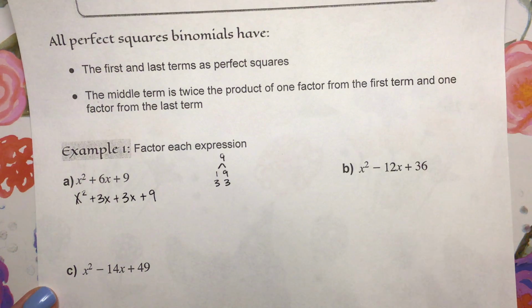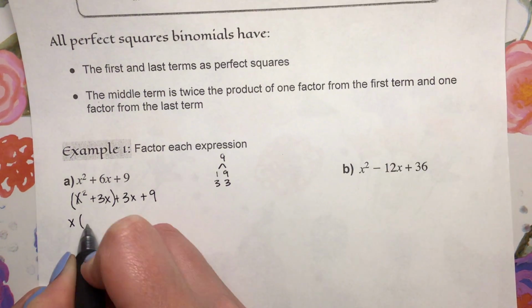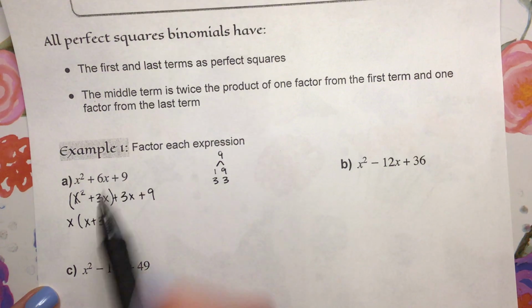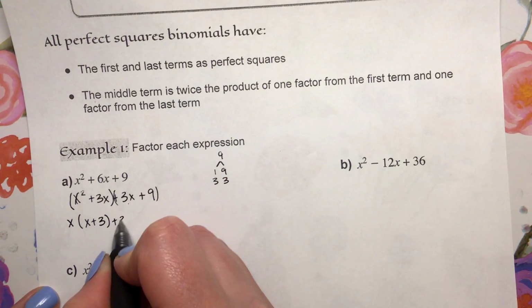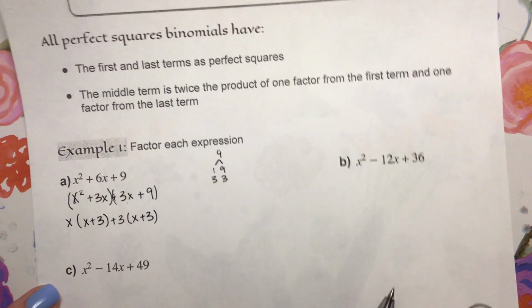And now I look at this as the front half and the back half. For these first two terms, I can pull an x out, and I'm left with x plus 3. And then for these next two terms, I can pull a positive 3 out, and I'm left with x plus 3 again.